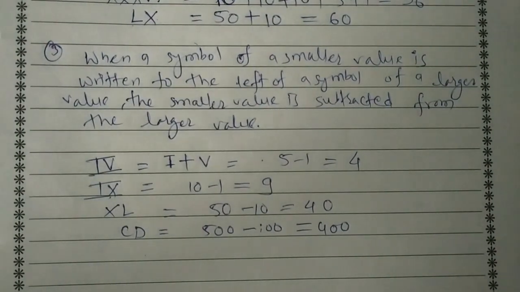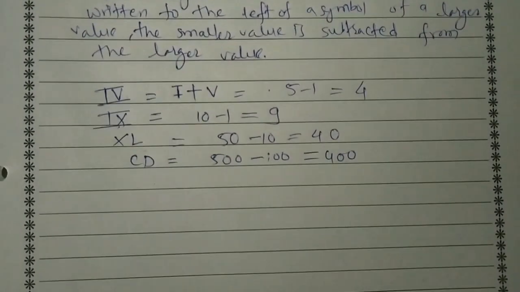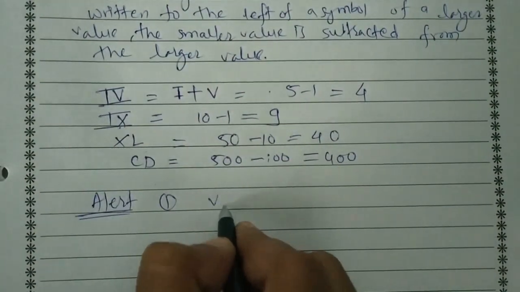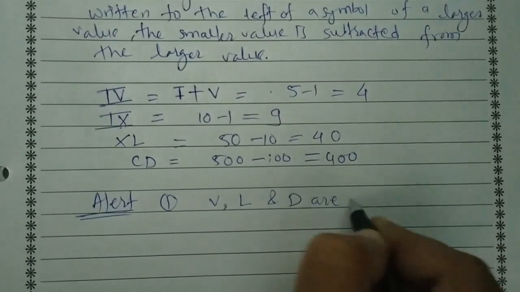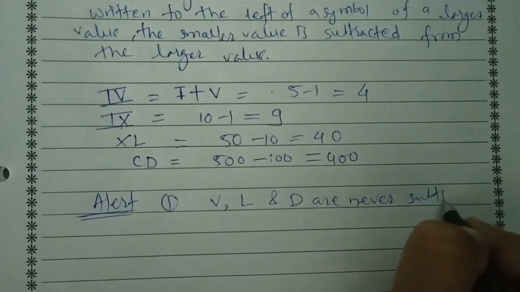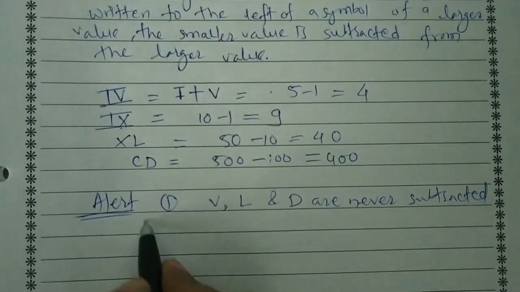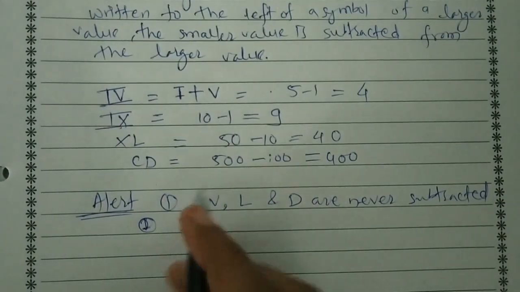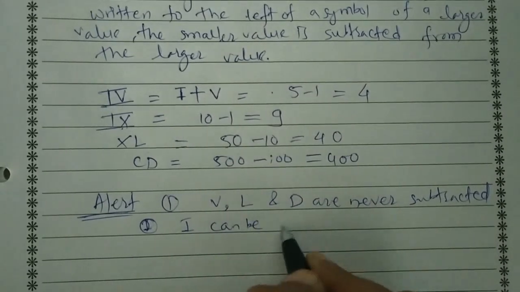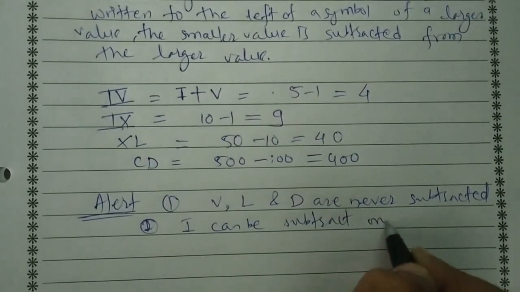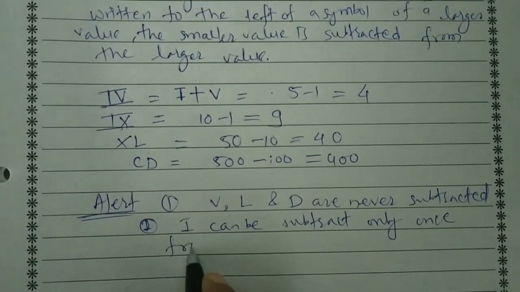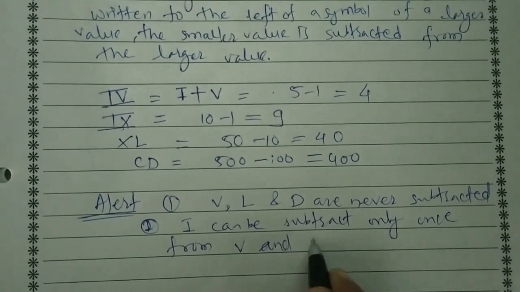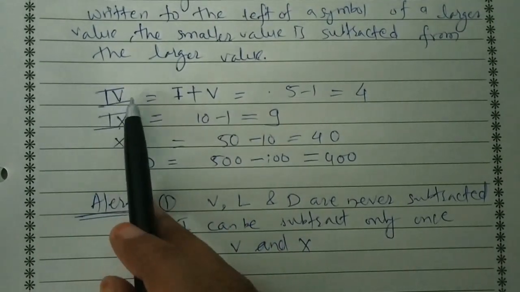Dear students, we have some alert points to keep in mind while writing Roman numerals. First point, V, L and D are never subtracted. And we have the second point, I can be subtracted only once from V and X. Like I have done here, 5 minus 1, 4.